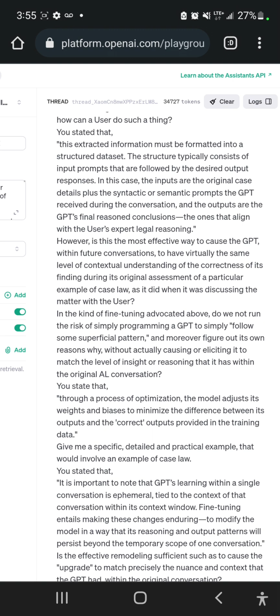However, is this the most effective way to cause the GPT within future conversations to have virtually the same level of contextual understanding of the correctness of its finding during its original assessment of a particular example of case law as it did when it was discussing the matter with the user?